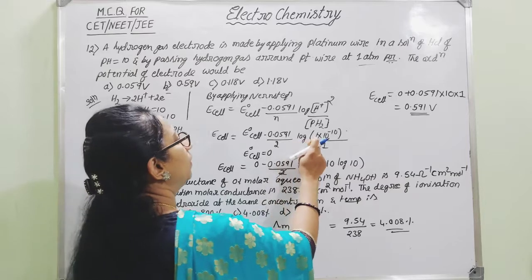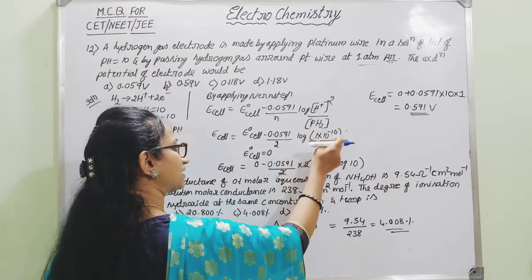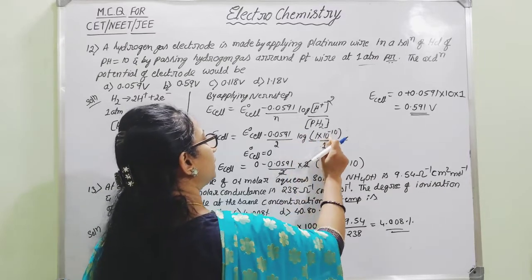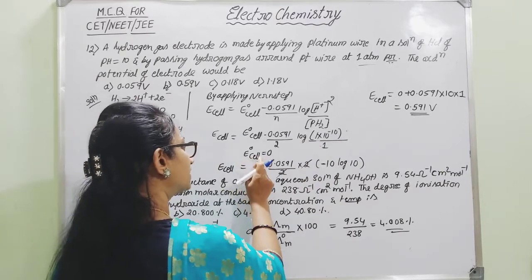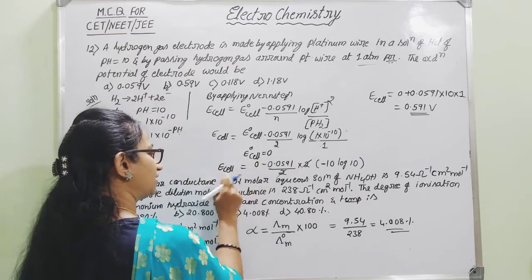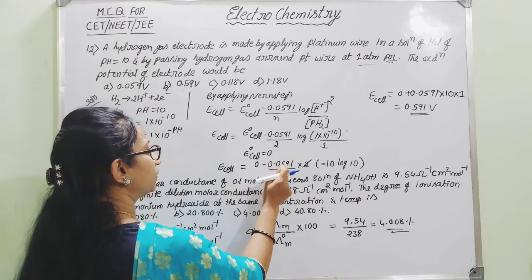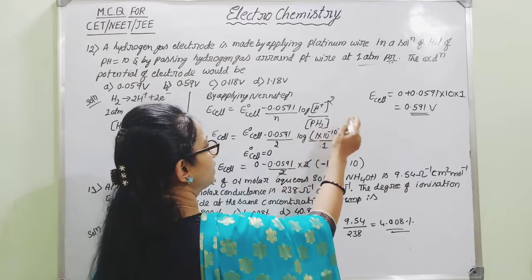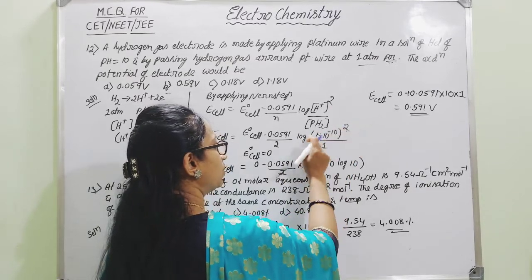And log of 1 into 10 power minus 10, you can write log mn is equal to log m plus log n. Log 1 value, you know that is 0, then you will get remaining log 10 power minus 10. And you know that E naught cell value will be equal to 0. Standard hydrogen electrode potential is 0. So E cell is equal to 0 minus 0.0591 by 2. Here, because of that power 2, log m to the power n is n log m.